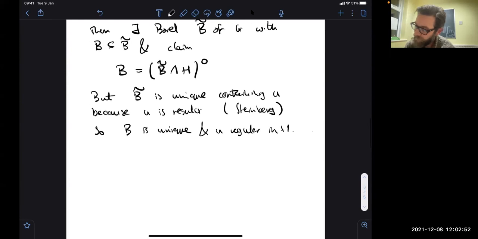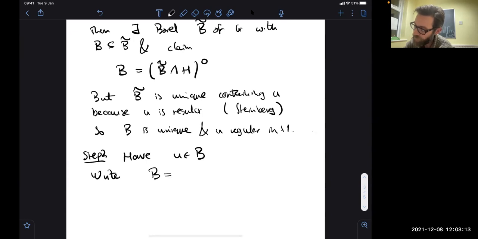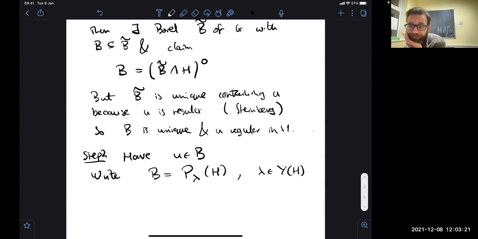So I now want to enact my plan of using this oppositeness. So we have U in B, and I'm going to write B in terms of a cocharacter of H. So I'm going to write B as P lambda of H for some cocharacter lambda.